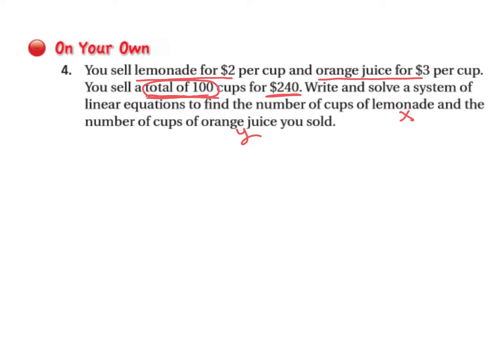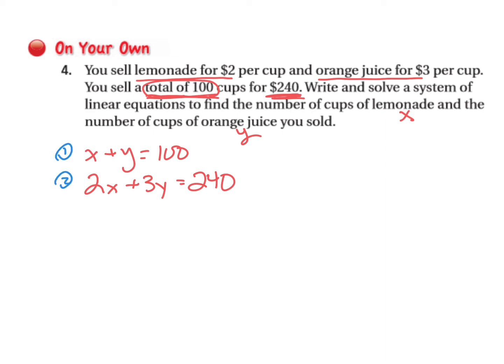So let's do a total of 100 cups. x plus y equals 100. There's our number. Now let's do our value. Lemonade, I'm doing x, so 2x plus 3y equals, and I sold it for $240. I wrote my 2 equations. There's 1 point, there's a second point.